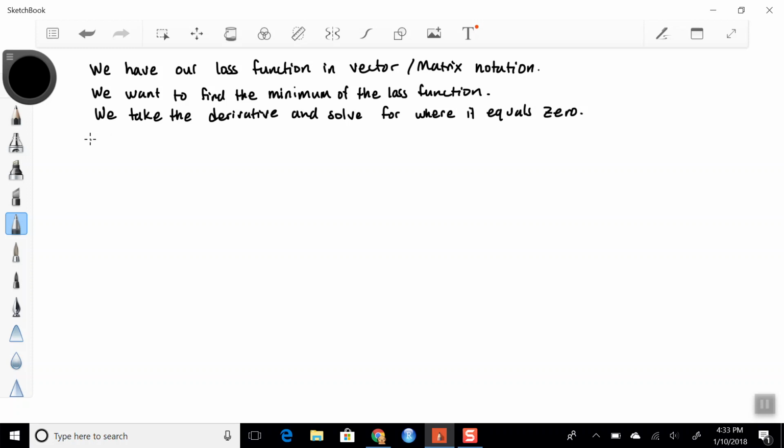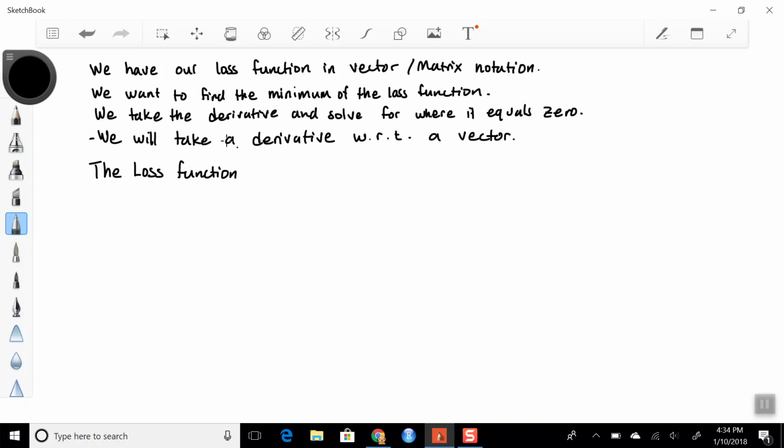So we will take a derivative with respect to a vector. What we have is the loss function, which is a function of two things.